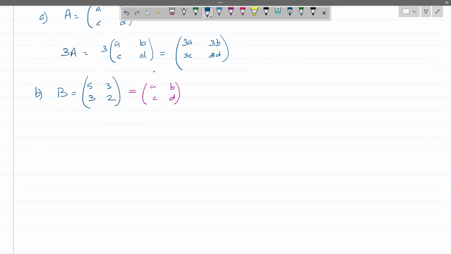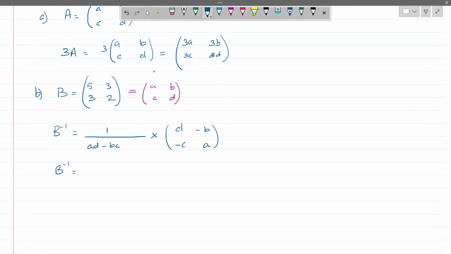So B inverse could be found by 1 over ad minus bc, this is the determinant, by the adjoint [d, -b; -c, a].